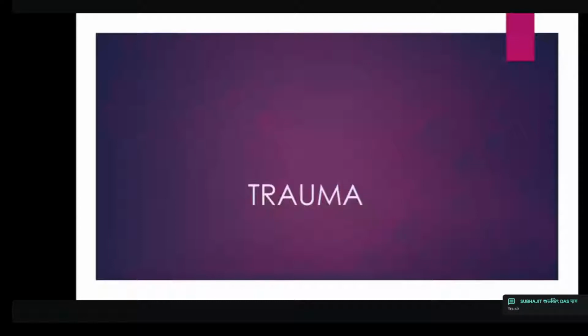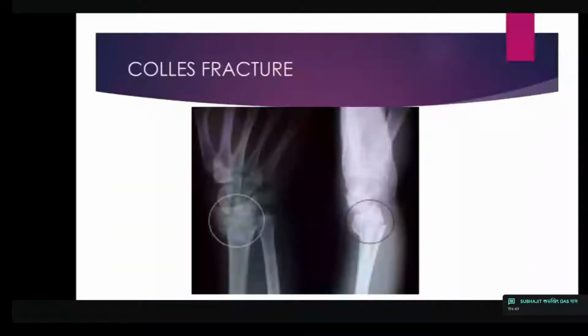Okay, let's start with orthopedic trauma. Before proceeding on the particular topic, let us discuss how to manage a trauma. Basically, a patient with any incidence of trauma, whether it is fall from height or a road traffic accident, what we have to do is primary assessment of the patient rapidly.